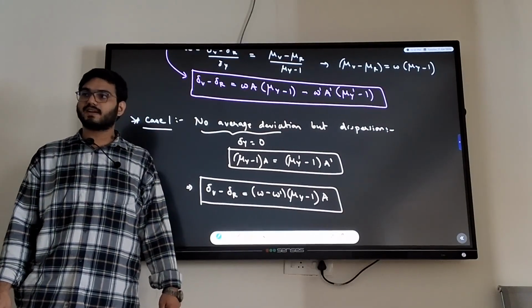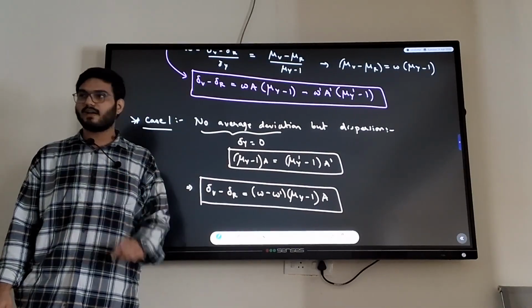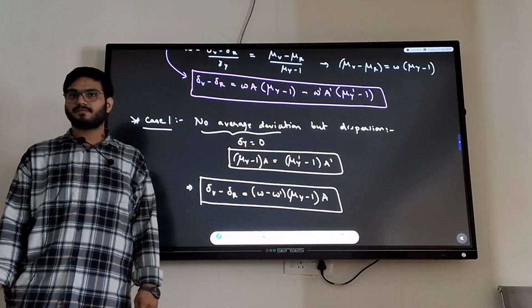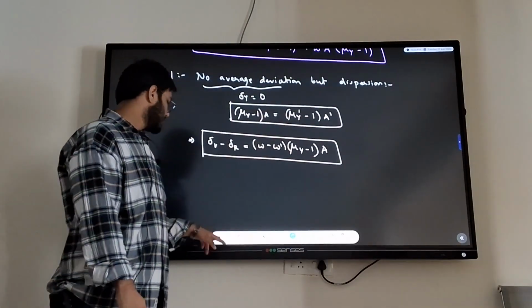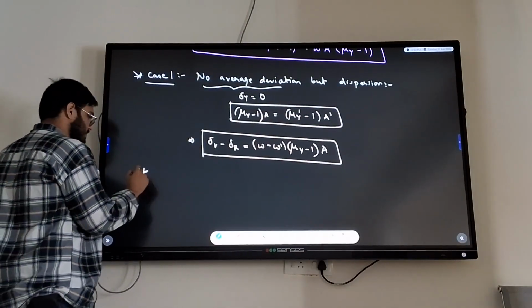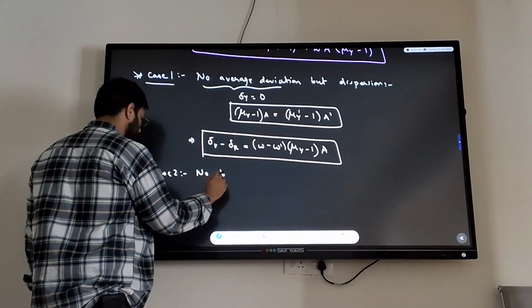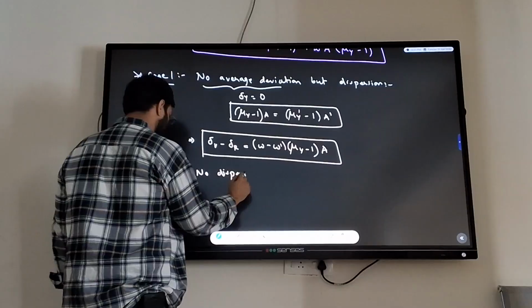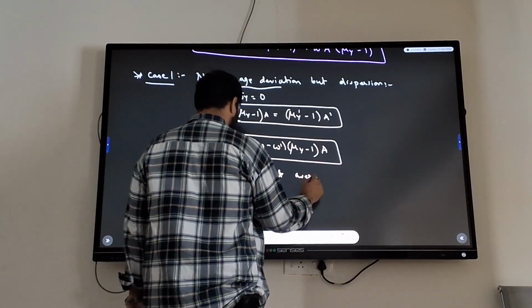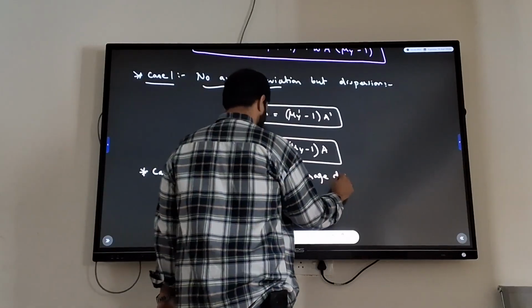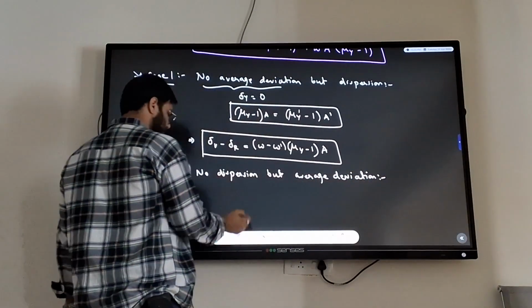What was the second case? When there is no dispersion, but there was some average deviation. Okay? Then what will you get? Case 2. No dispersion meaning what?